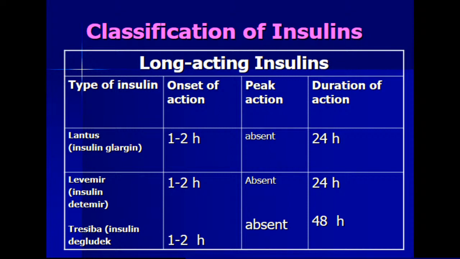Onset of action 1 to 2 hours, peak action absent. Duration of action: Glargine and Levemir up to 24 hours, but Tresiba prolongs up to 48 hours.